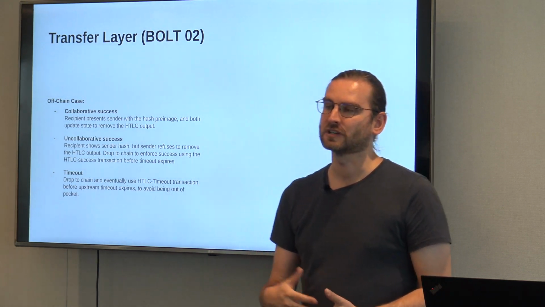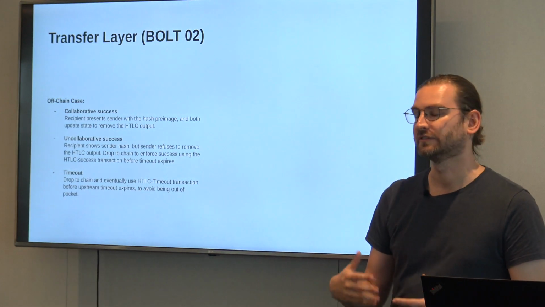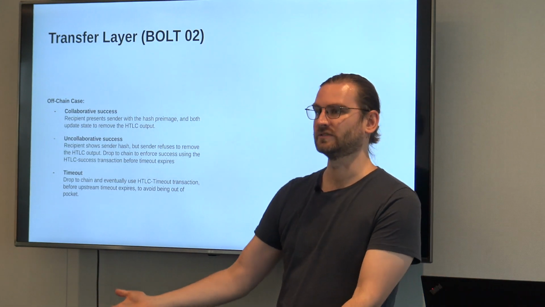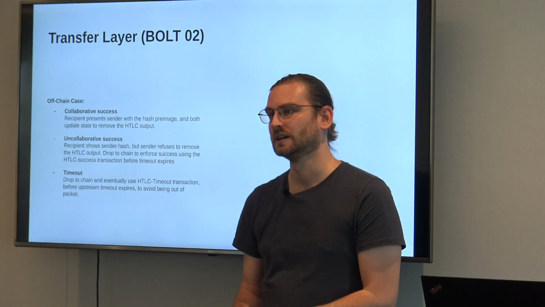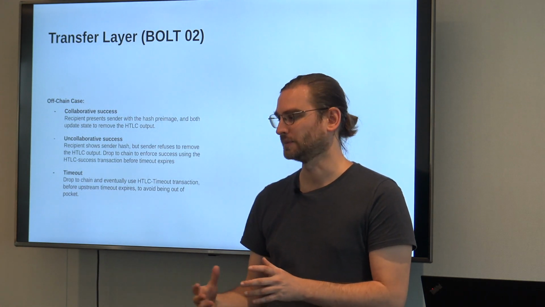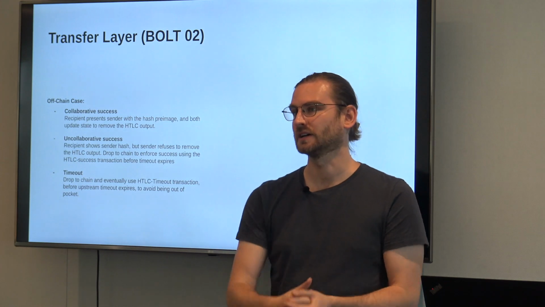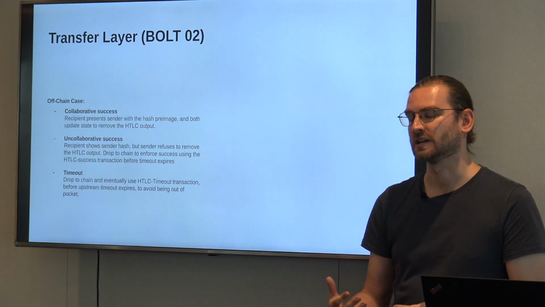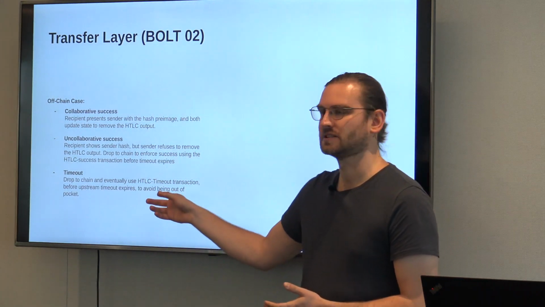In the collaborative failure case, you'd basically just agree: I as a recipient have no idea how to resolve this, please go ahead, you get your money back. But that doesn't have an on-chain equivalent other than the timeout, basically.